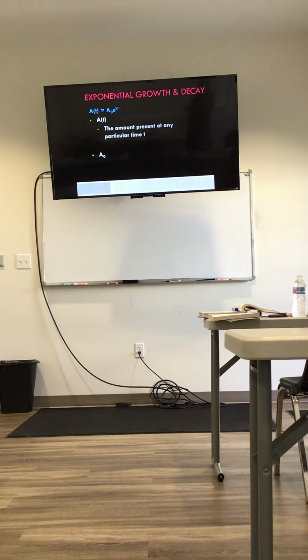Where are we at in the question if it says A sub 0? I thought I heard something that starts with an S. Stops? Nope, it's not where it stops, it's where it starts. There we go. So A sub 0 is the initial amount, at time 0.